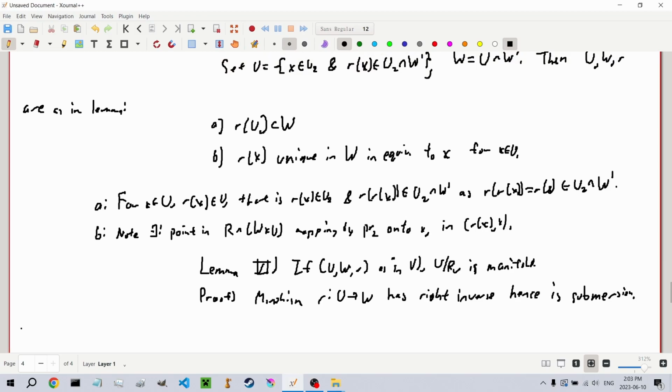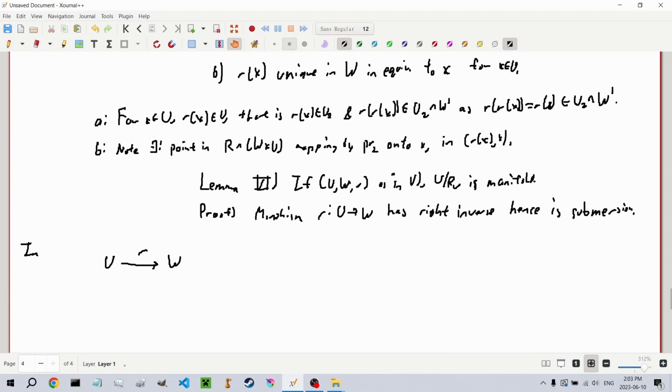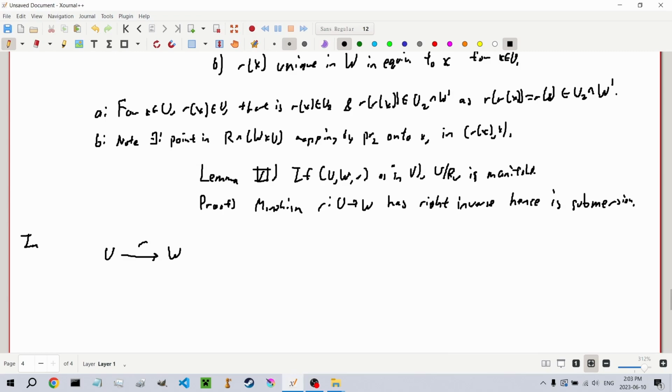In the commutative diagram, U mapping by r to W, mapping by alpha, U onto RU, this being of course the projection, and here alpha is a bijection.